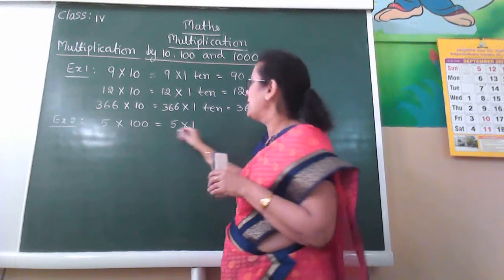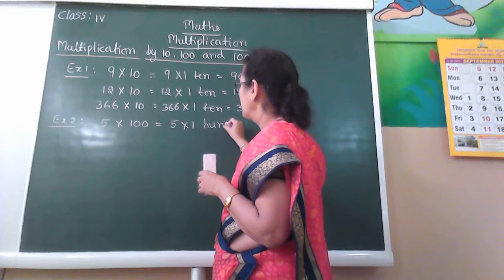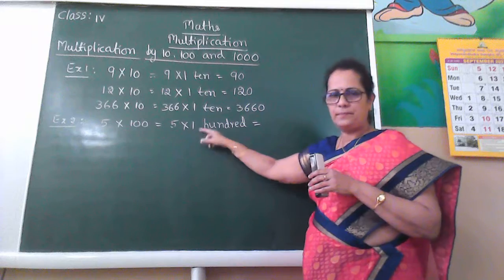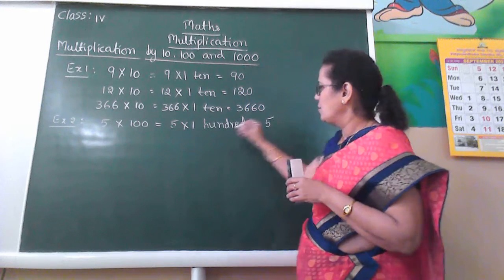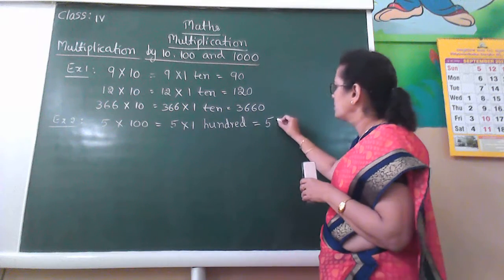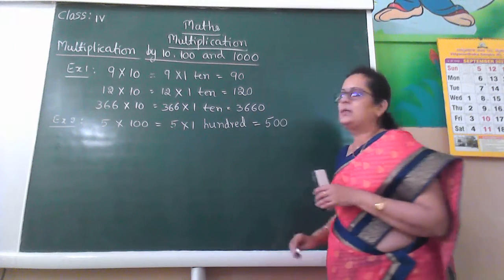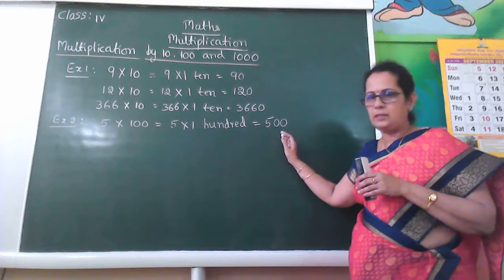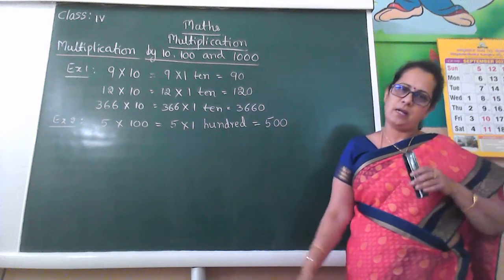It is in hundreds place. Right? 5 into 100 equals 5 ones are, yes, 5. How many zeros here? See, 1, 2. Count it properly. So 2 zeros you give just beside 5, you get 500.